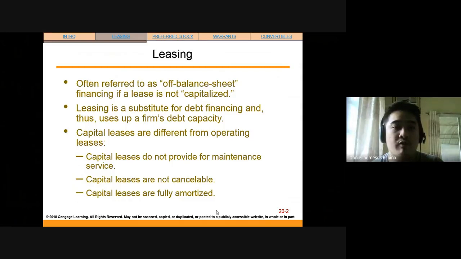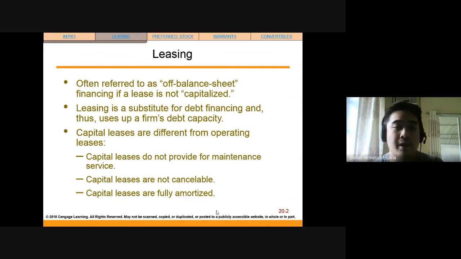So the leasing is often referred to as off balance sheet because the financing of the lease is not capitalized. Most of the time, the leases or the rentals are not capitalized. But remember that the important thing about the assets is the usage and not really the property itself. Okay. However, we cannot put the usage of the asset as part of your assets.